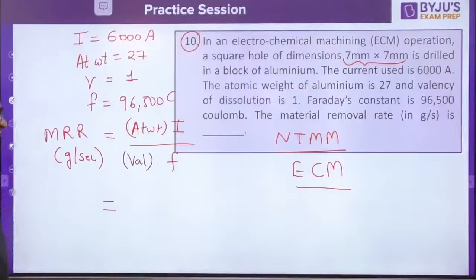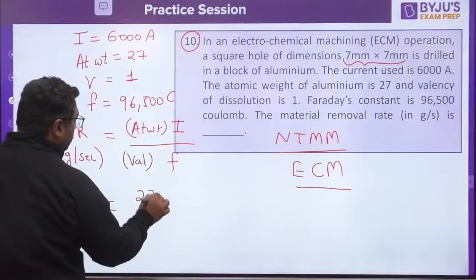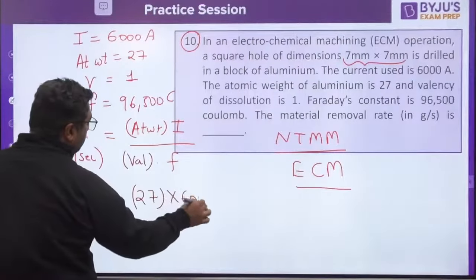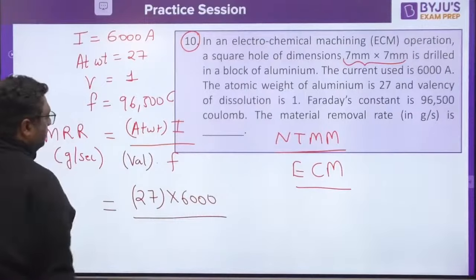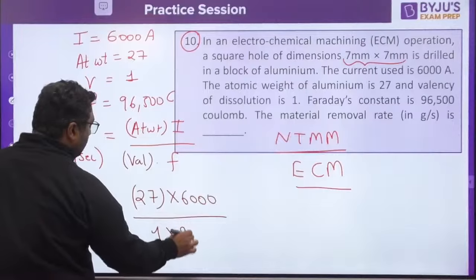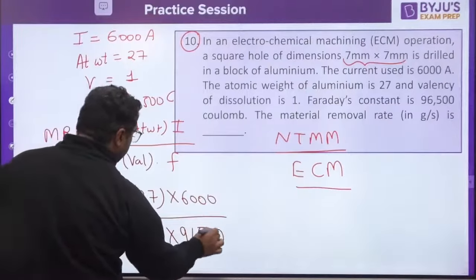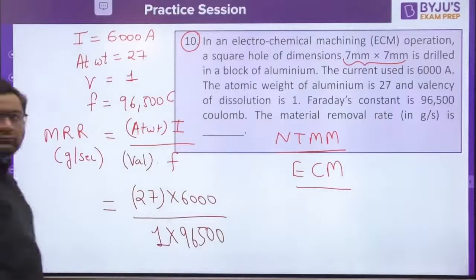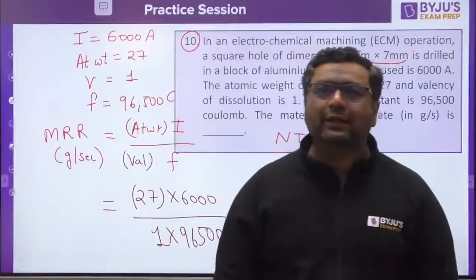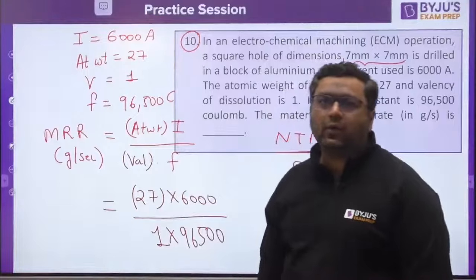What about others? The formula is in front of you. Atomic weight is 27, current is 6000, divided by valency 1, 96,500. Very good. King Suk, Ankit Tripathi, Omkar, all is well.